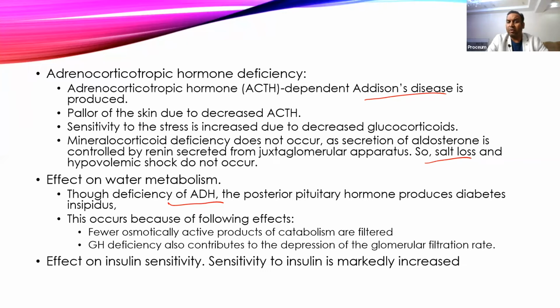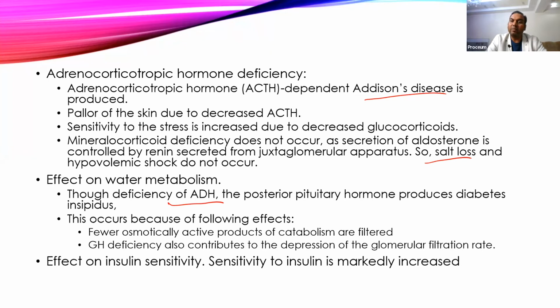Now come to the water metabolism. ADH hormone is secreted by the posterior pituitary, and if it is affected, then it can produce diabetes insipidus. If it is not affected, then there is no problem. What is meant by diabetes insipidus? There is more and more urine formation, and more water is lost from the body.